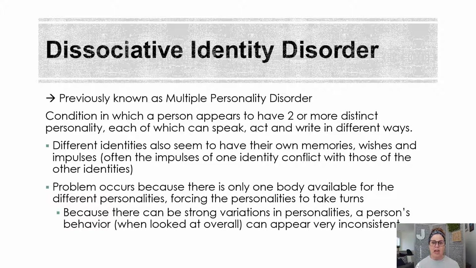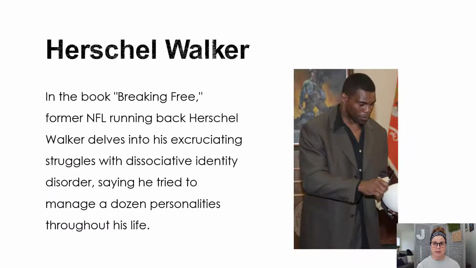Very often the personalities can be very strong and dominant. There can be differences in ages and differences in gender. So their personalities and behavior can appear to be very inconsistent because of all of these variations.